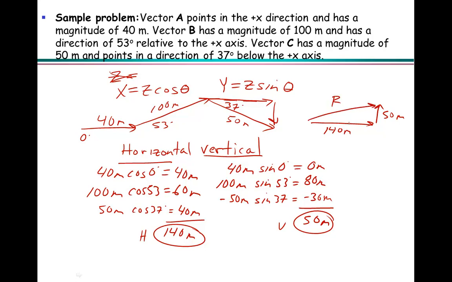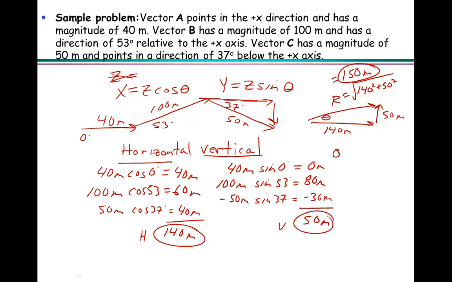I would use the Pythagorean theorem and take the square root of 140 squared plus 50 squared, and I would get an answer of about 150 meters. So there's my resultant length, and I would also need to get this angle here.